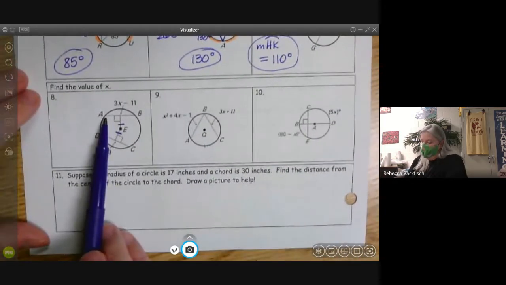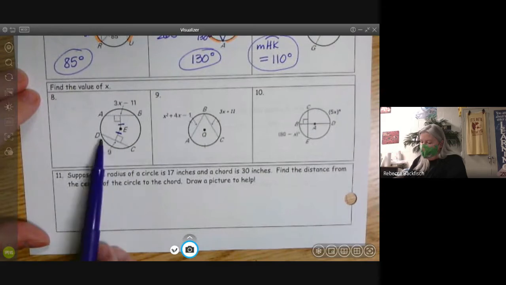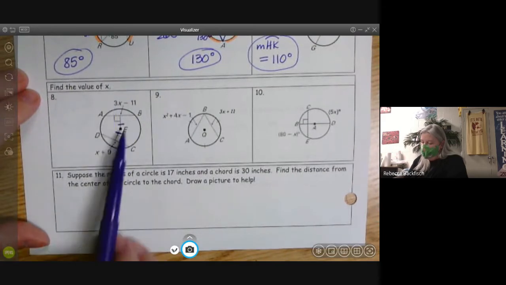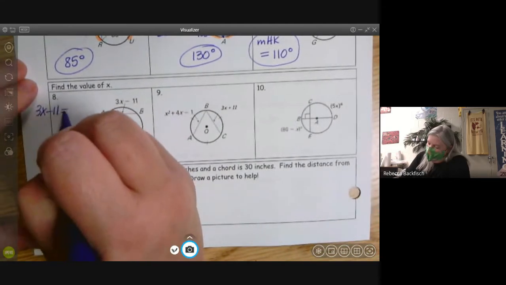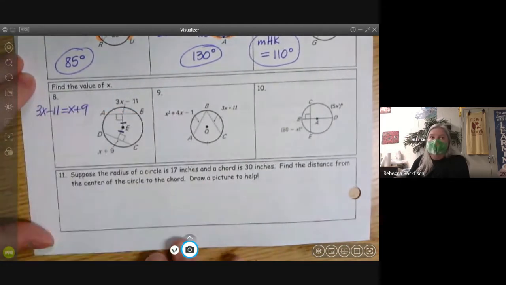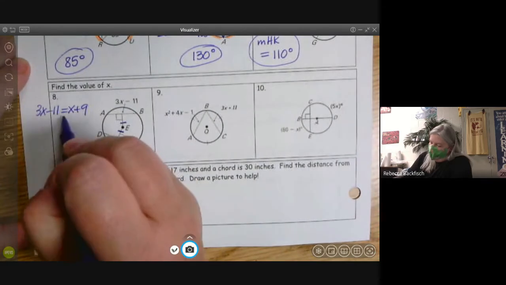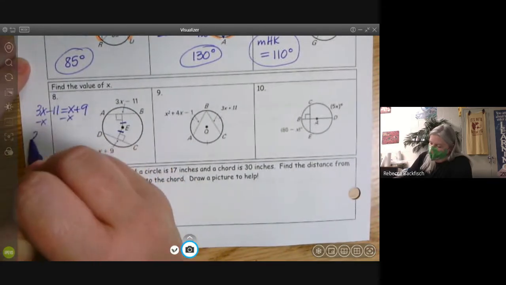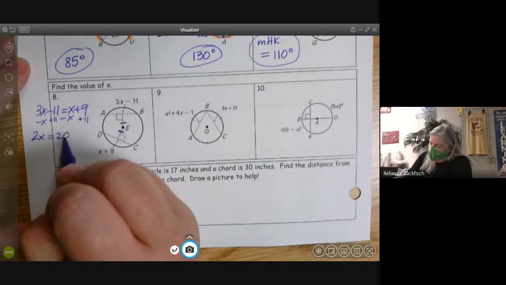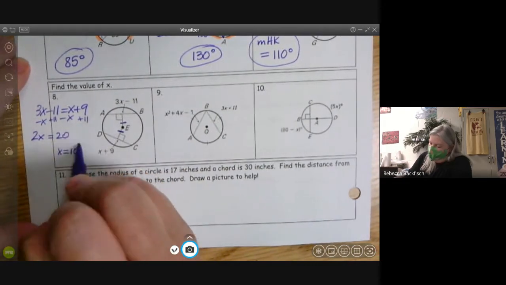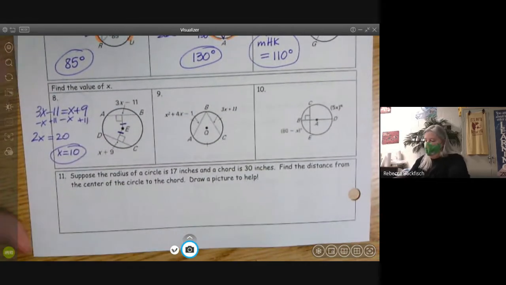So AB is congruent to DC, which means that 3x minus 11 has to be the same as x plus 9. And I can write that as an equation, and then I can solve it. And I get that x is equal to 10.